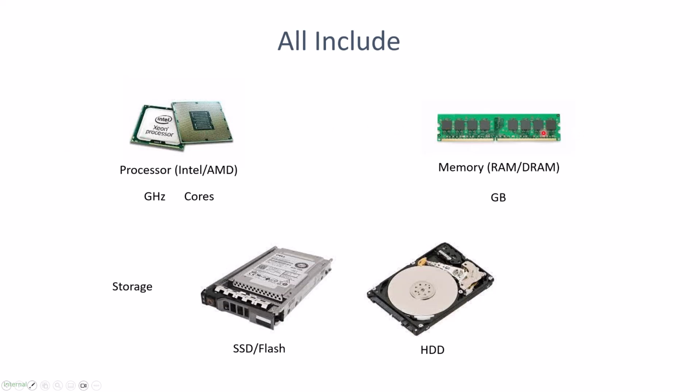And with storage, we are talking about terabytes as opposed to gigabytes. A terabyte is 1,000 gigabytes, so 1 trillion bytes of data, as opposed to 1 billion with gigabytes. Okay.